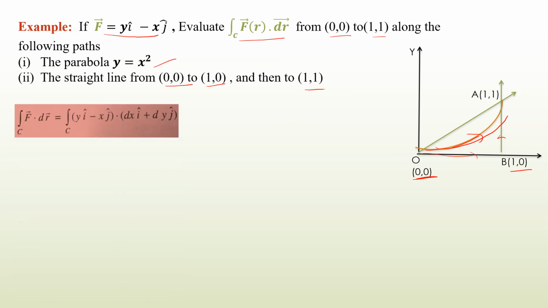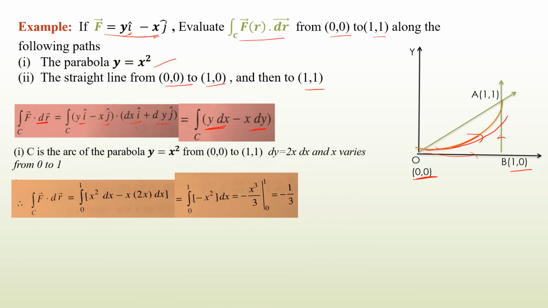Now first we write F dot dr, as you remember, (y i plus x j) dot (dx i plus dy j). So we get y dx plus x dy. Here the vector F is y i plus x j. Now the first part, here C is an arc y equal to x square, and it varies from (0,0) to (1,1). So dy is 2x dx, and here x varies from 0 to 1.